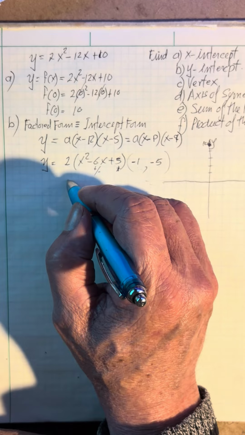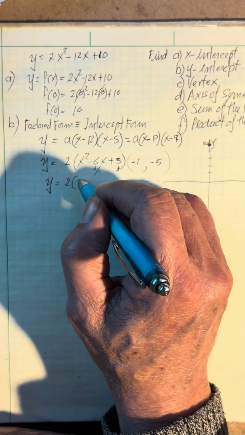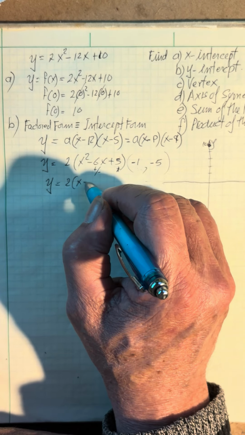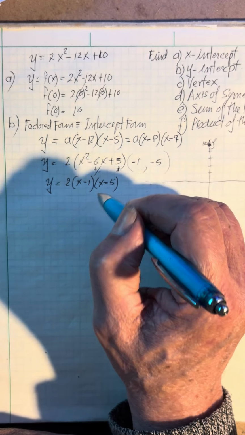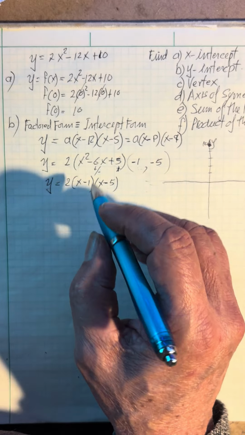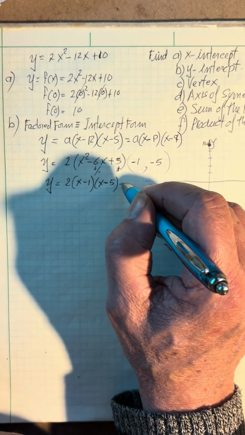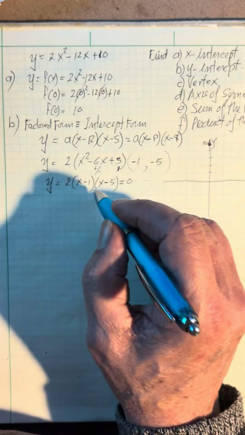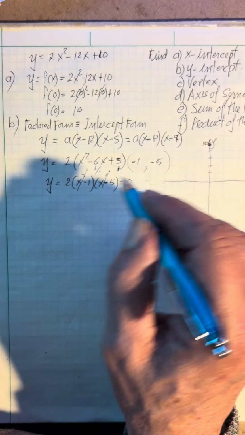So we'll write it here. Y is equal to 2 times x minus 1 times x minus 5. So that means that in order for this to be 0, because that's what we're looking for, this term has to be 0 or this term has to be 0, one of the two.